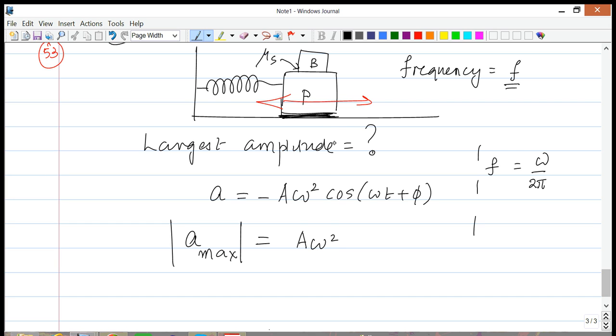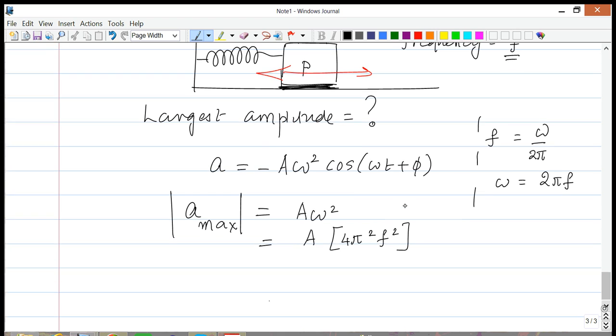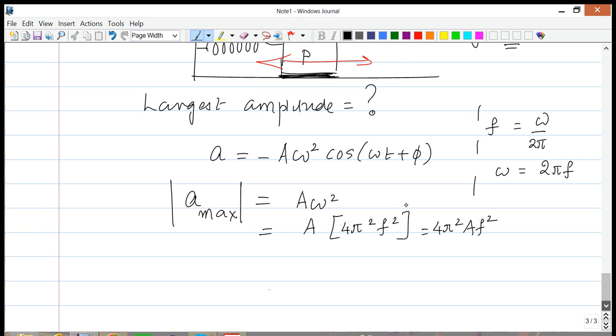So omega is equal to 2 pi multiplied by f. So we can rewrite my a max as A times 4 pi square f square. So this is equal to 4 pi square A times f square. This is the maximum acceleration you can have.